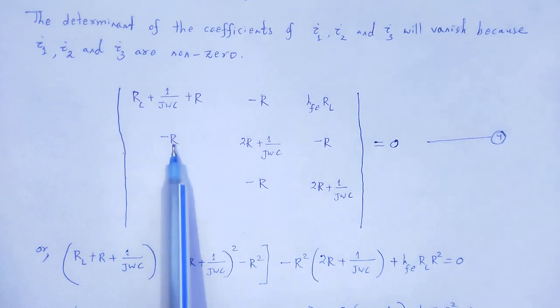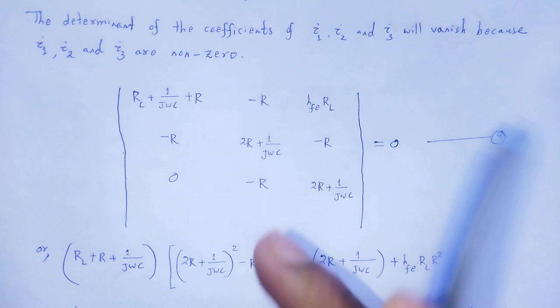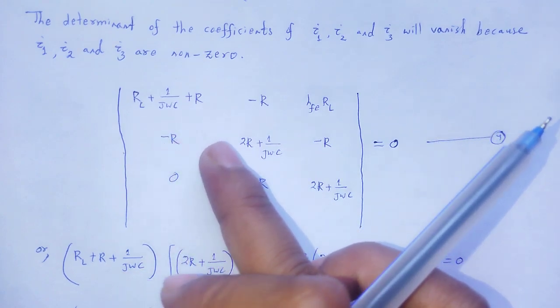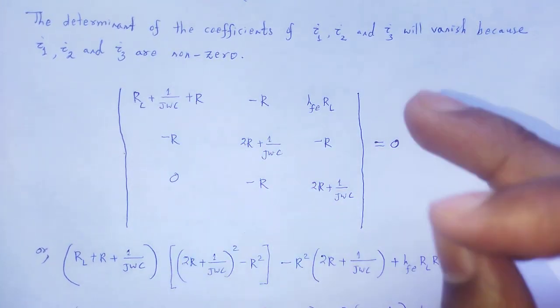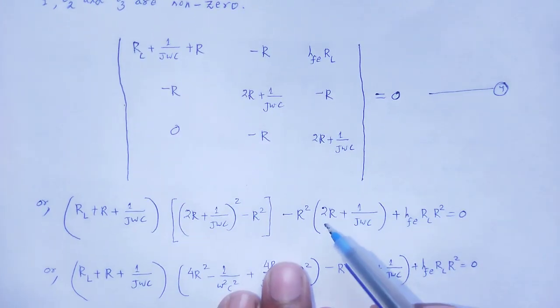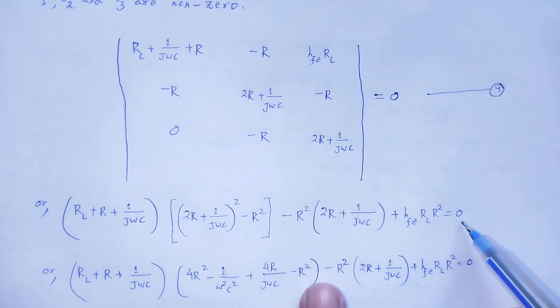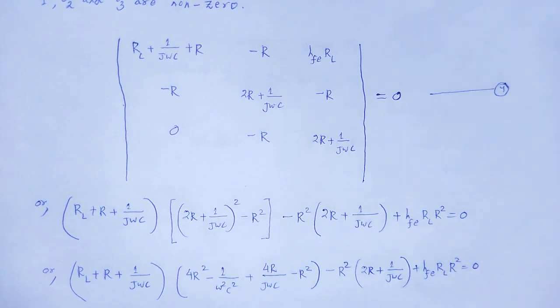Next, here negative, minus R, second row, first column, these two are multiplied then subtracted: minus R square, 2R plus 1 by j omega c, plus RL R square is equal to 0.